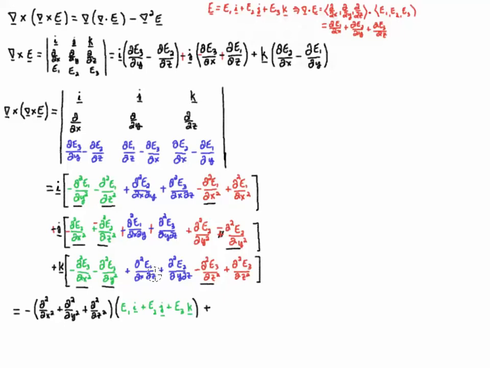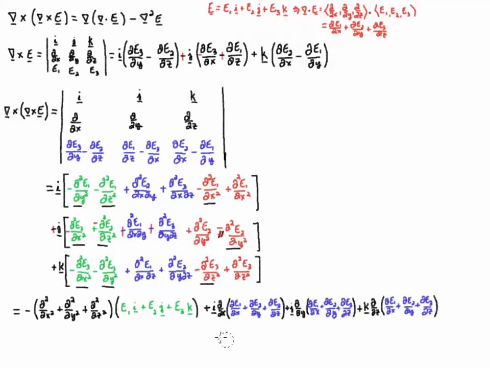And then in the third term, each of them has a dz, and if I factor out the dz derivative, I'm left with a dx, a dy, and a dz. And so we'll get something that looks like this. I factor out the dx in the i component of just the mixed partials, and I'm left with de1 dx, de2 dy, de3 dz. And that happens in every one of these components.